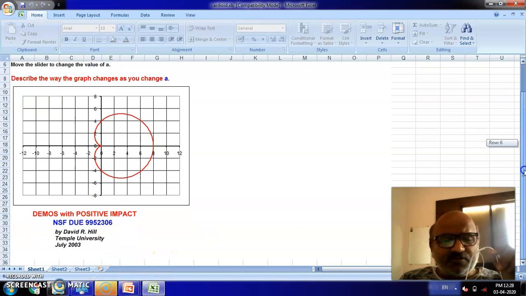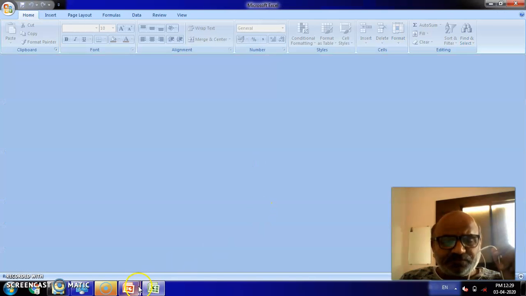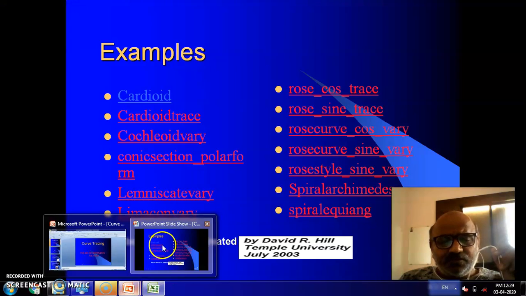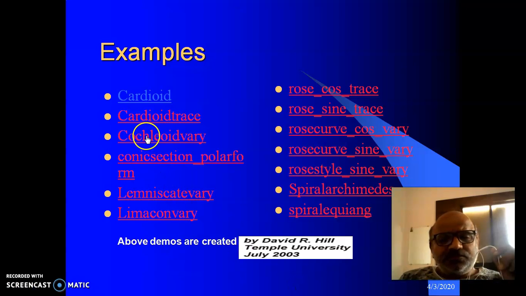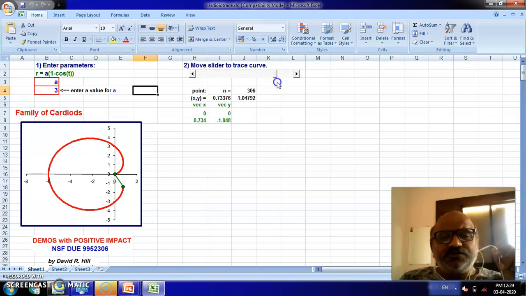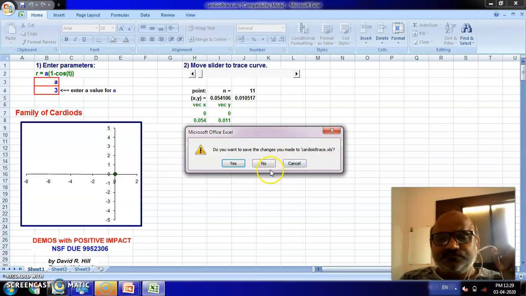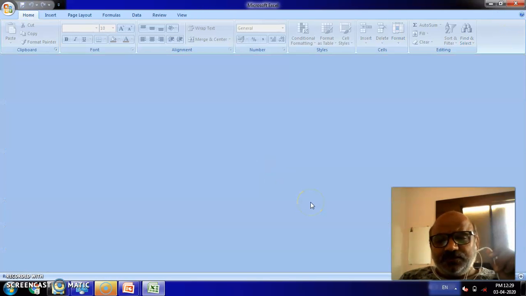This is not my work; it is David R. Hill's work, and therefore I am not going to give more demos here. There are different curves you can trace by substituting values of a. You can see how it works. Thank you.